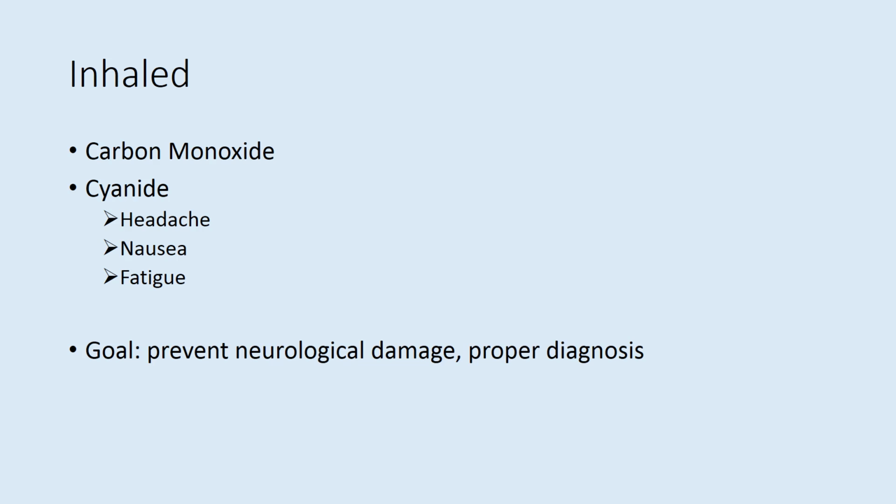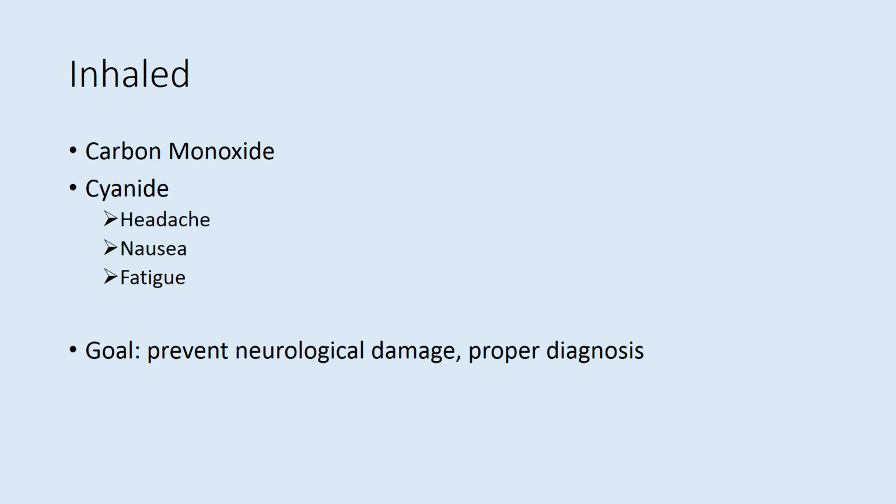It will cause severe respiratory suppression. Oh, I put this in the wrong place. That headache, nausea, fatigue, well, actually, it falls under both. Both of them cause that. But really, for the carbon monoxide, I did mean to put the headache, nausea, fatigue up there.